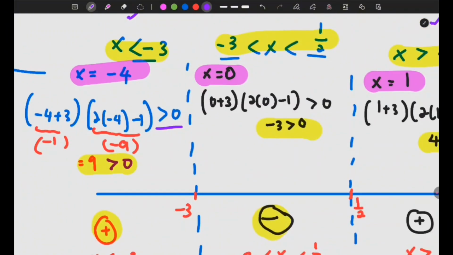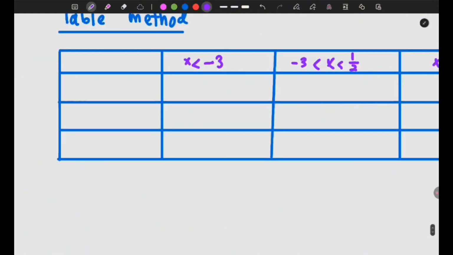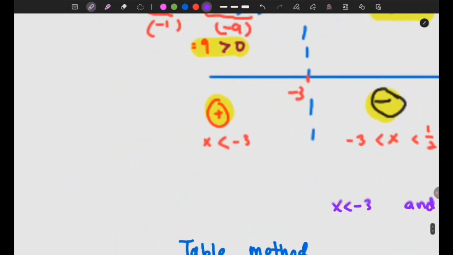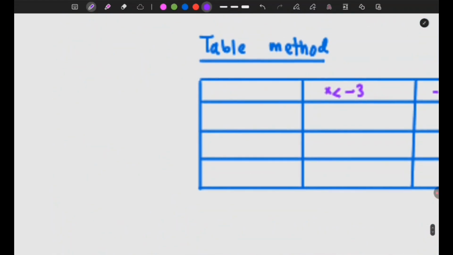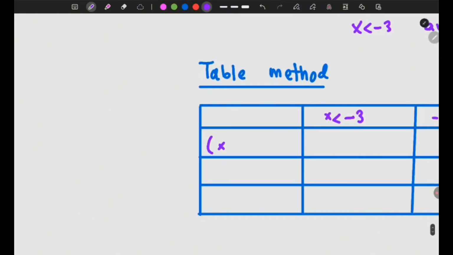But for this one, you're not taking any number, you're actually taking the factorized values themselves. So you take back the x plus 3 and 2x minus 1, put x plus 3 here, 2x minus 1 here, and then both together.